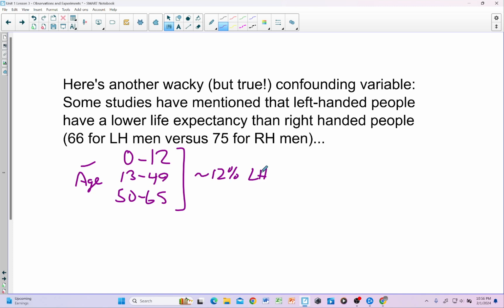So no matter how you break it down, left-handedness occurs in about 12% of the population.